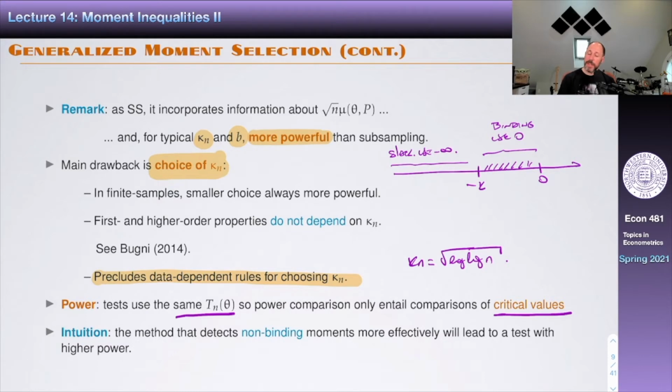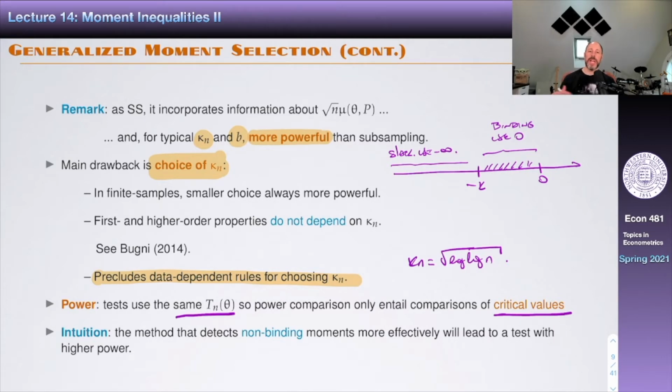That's one layer. The other layer is that the size of the critical values here, at the end of the day, depends on how many moments you take as binding, how many moments you take as slack. The more moments you consider as binding, think about the least favorable critical value where everything is binding. You just use 0 as your function s. Well, that's the least powerful one.